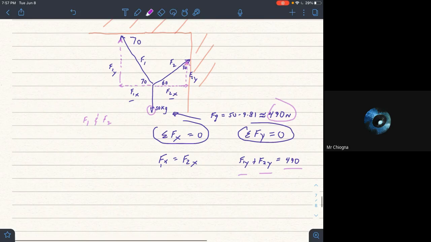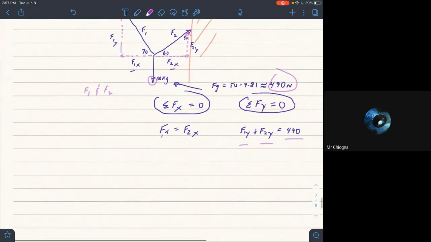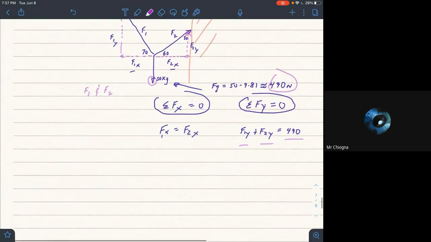So next, what's the next step? I'm not going to go through the whole equation, but I'll set it up for you. Just write down your components. F1 cosine of 70 is equal to F2 cosine of 60. And now usually we rearrange. You can rearrange for either F1 or F2.